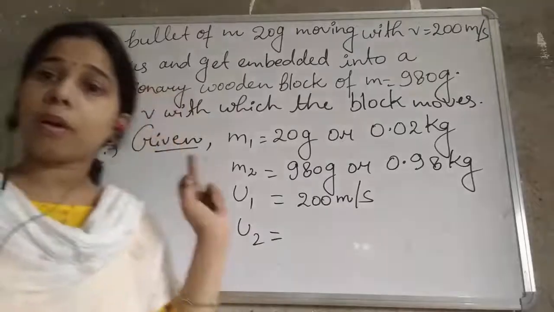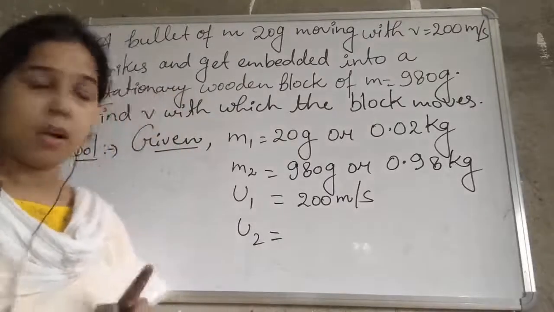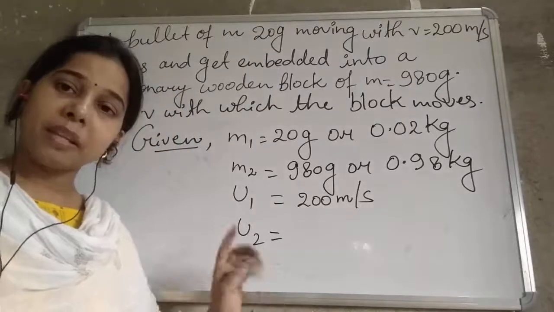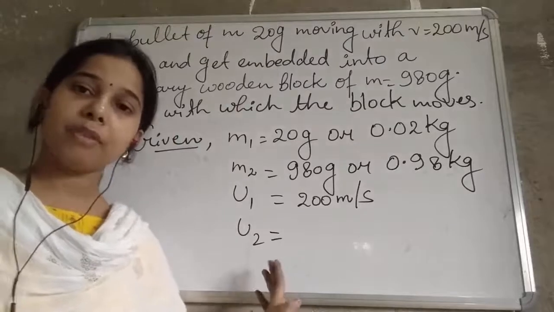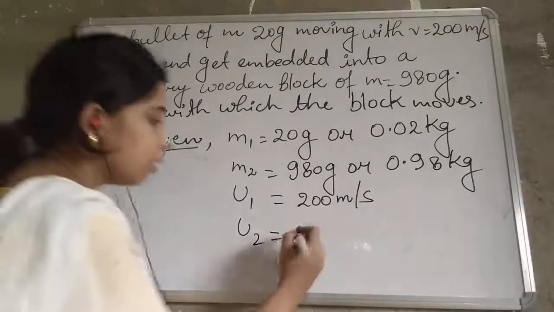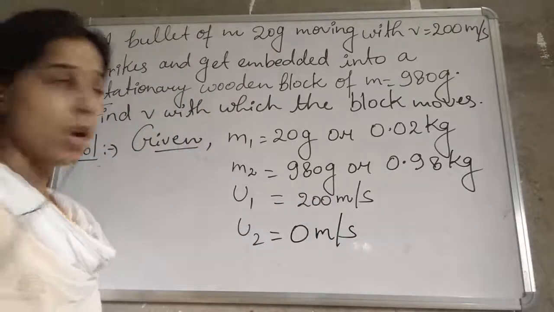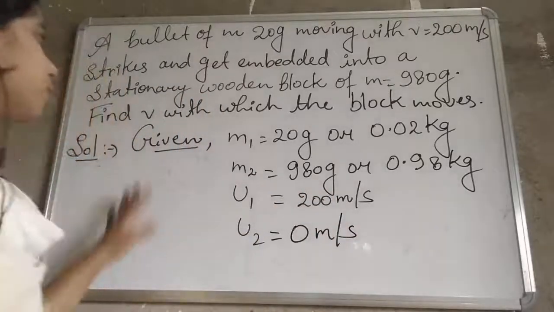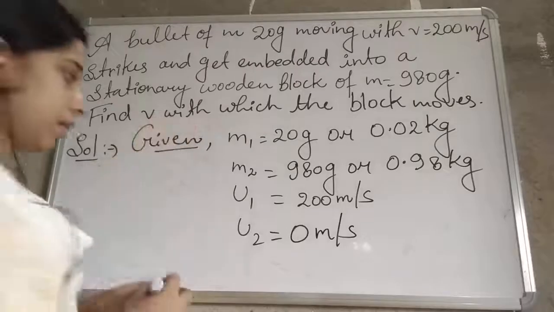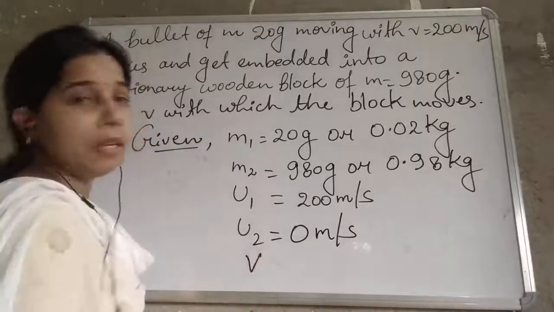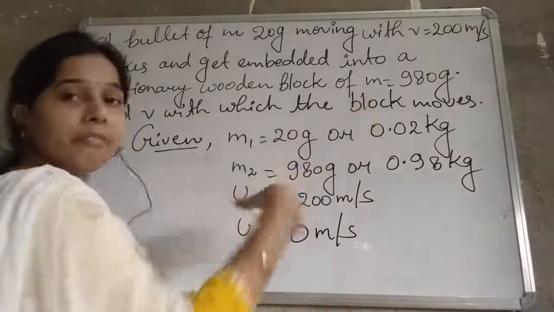Stationary means a body at rest, it is not moving. So at that time the initial velocity of the wooden block is 0 meter per second. What we have to find is the final velocity, that is v, of the block when it moves.